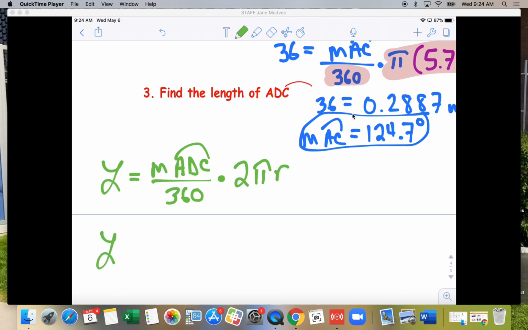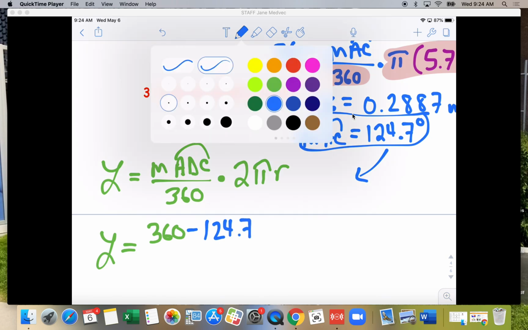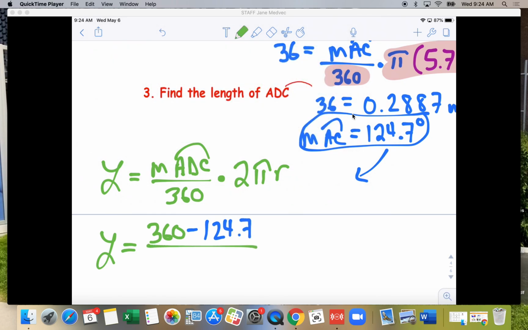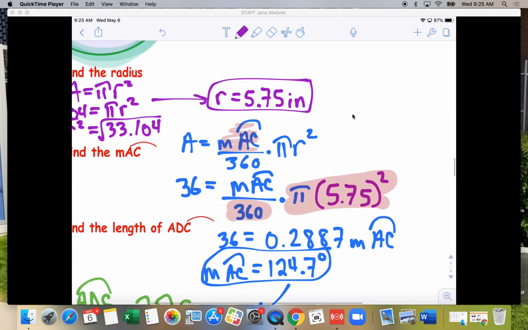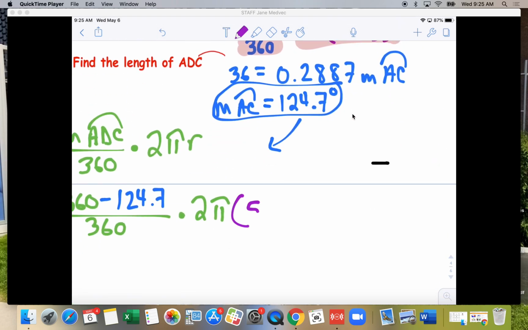Now I don't know the measure of that, but I can take 360 degrees and subtract what I found up here, 124.7, and that's why it's really nice to keep that big, over 360 times 2 pi, and then my radius I'm going to grab from up there, 5.75.